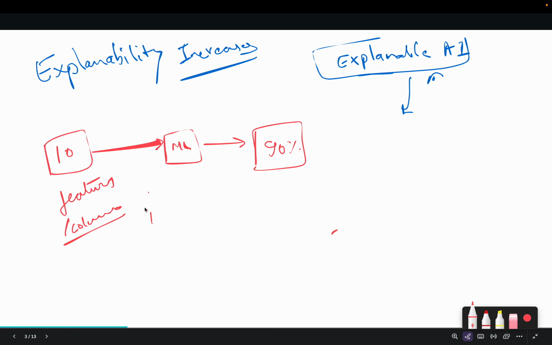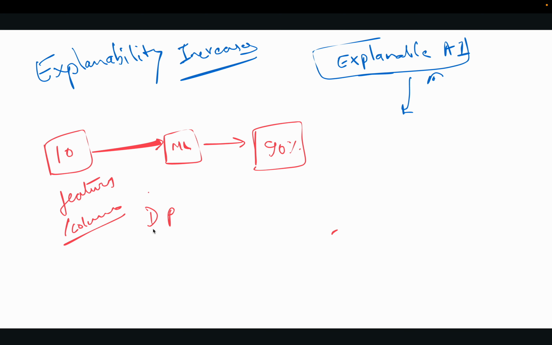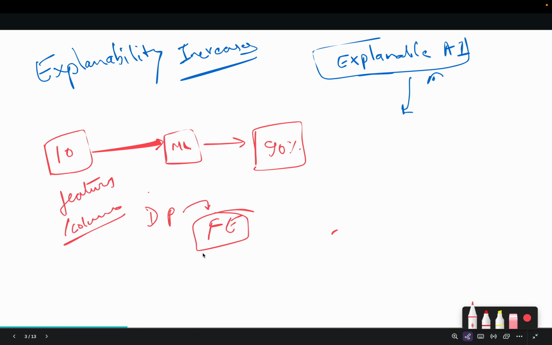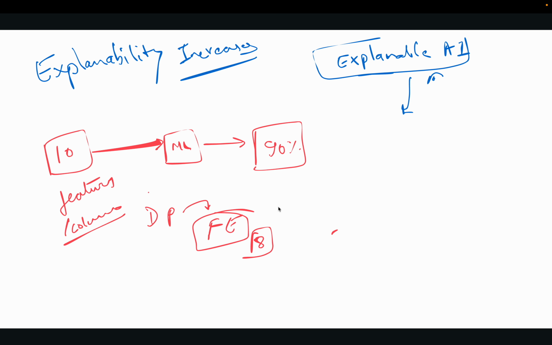Then you did data pre-processing again, feature extraction or feature selection, feature engineering, and in that you found that only 8 features are important. These 2 features I want to drop because they don't make any sense in my data.